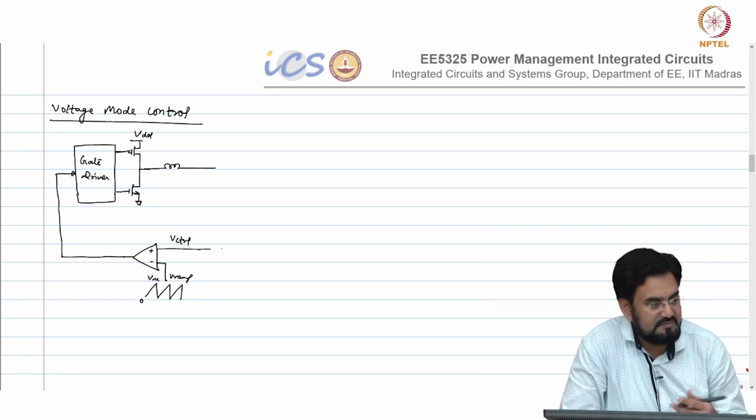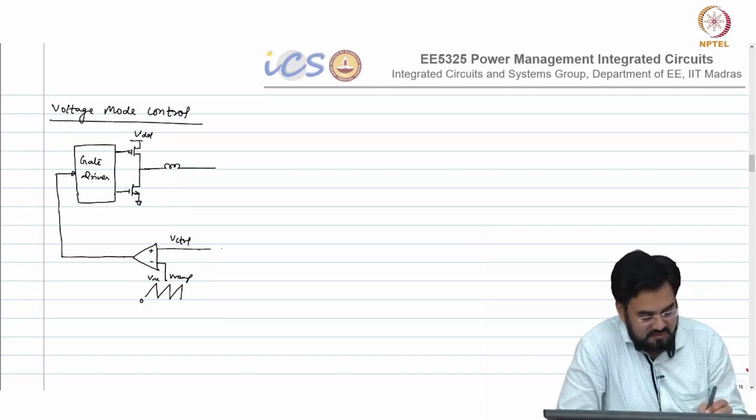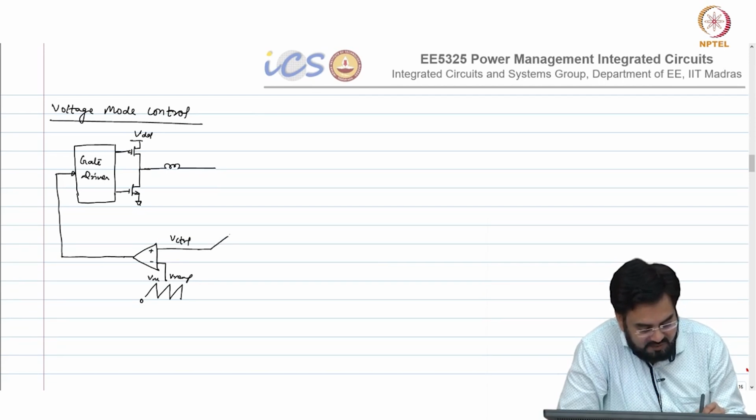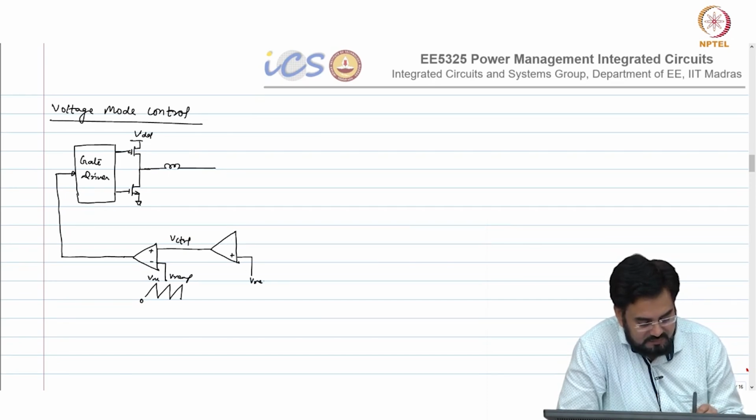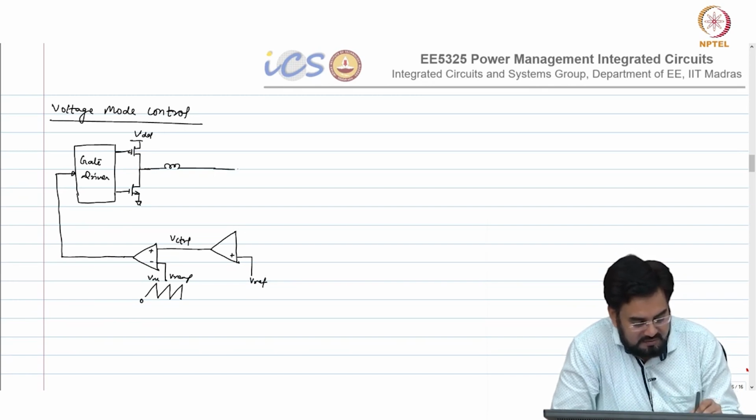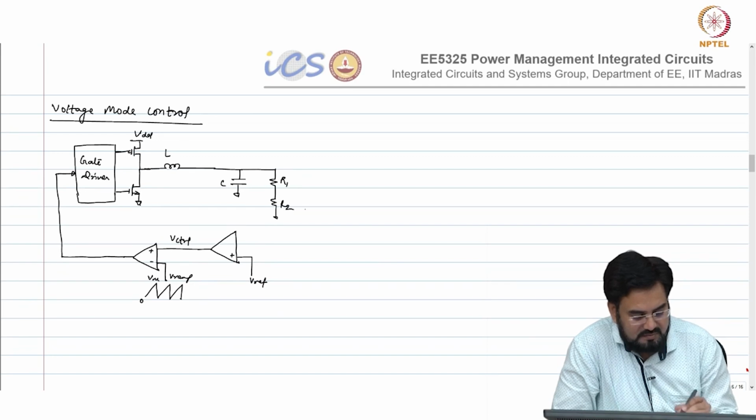It has to come from your amplifier. So let us say I am drawing a simple amplifier, op amp. Vref, L, C, R. So this will give your beta factor.